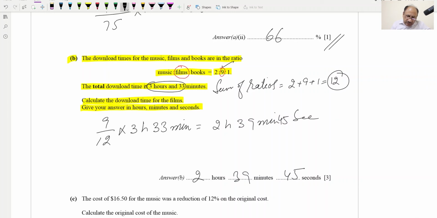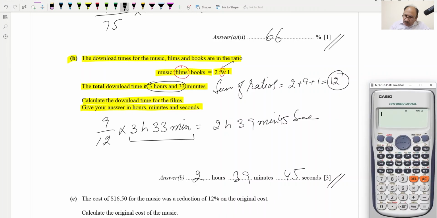Now one thing, this is a 3 mark question. So if you want to provide additional working, you can convert 3 hours 33 minutes into a fraction. If you press decimal, this will be 71 over 20, or the decimal value 3.55.